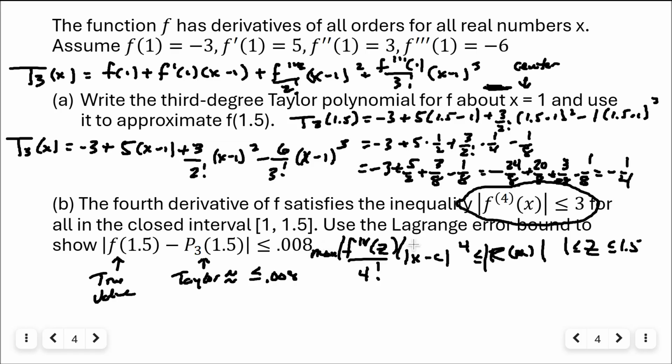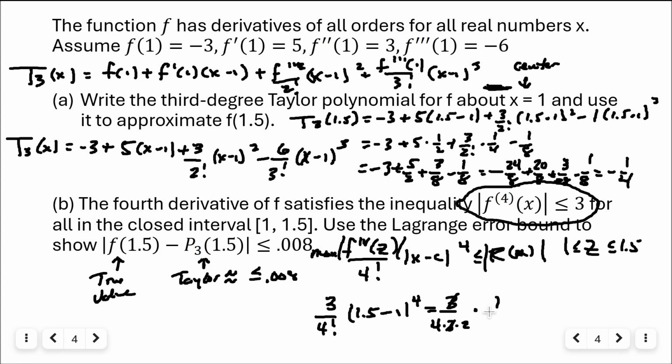So the maximum that this thing will ever be is 3 over 4 factorial times |x minus c|. Well, that's 1.5, that's what I want to evaluate at. x minus c is 1/2, to the fourth. So that's 3 over 4 times 3 times 2. The 3's drop out.